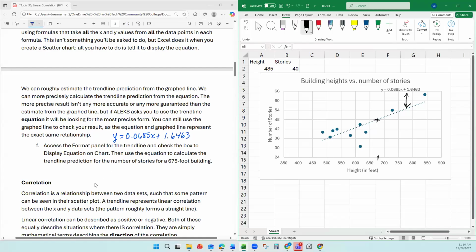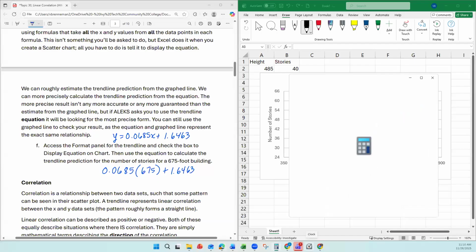So I'm plugging in 675 is the x. So 0.0685 times 675 plus 1.6463. And so I calculate that.